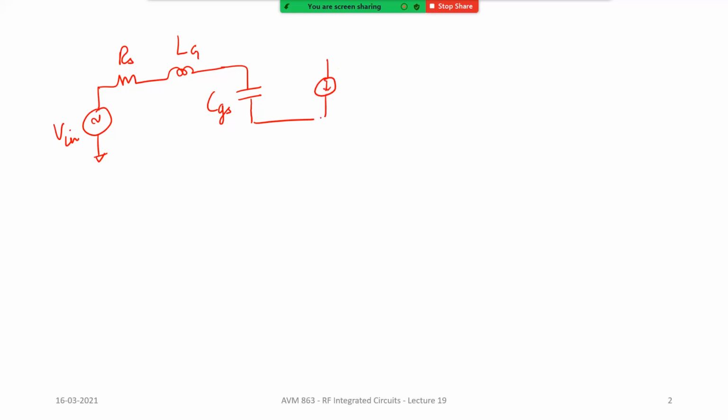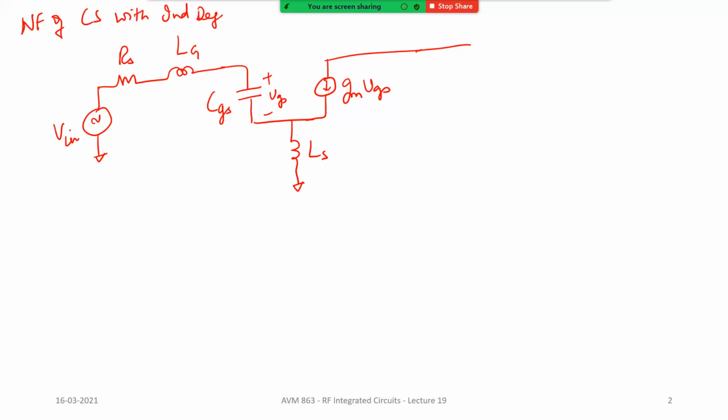Let's say you have gm VGS, and let's say this is VGS. And you have this inductor going to ground, LS. Now we are going to derive the noise figure of the common source with inductive degeneration LNA.